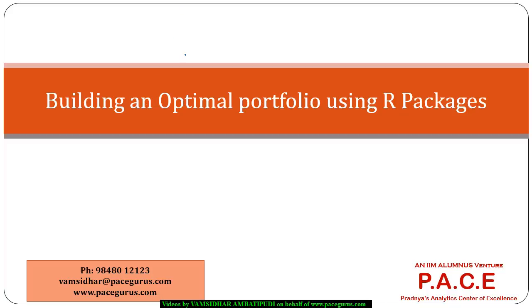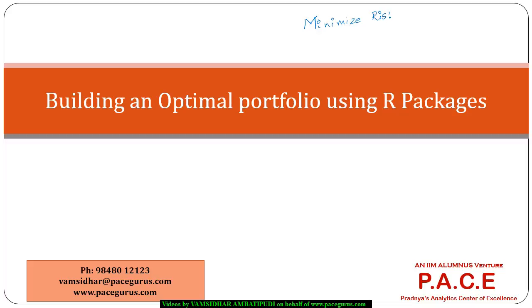In this session, I'll be talking about how we really build an optimal portfolio using R. The expectation is that you have a good understanding of the basic features and functions of R. Our objective is to create a portfolio which can minimize the risk.